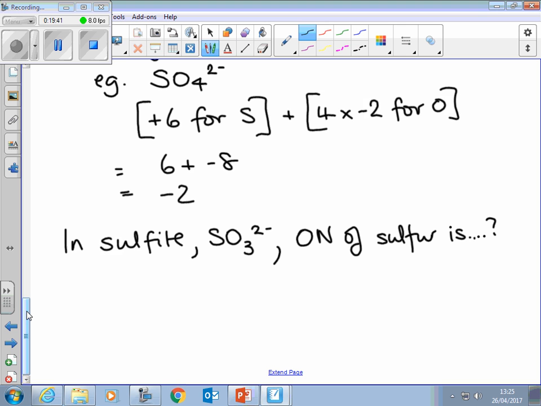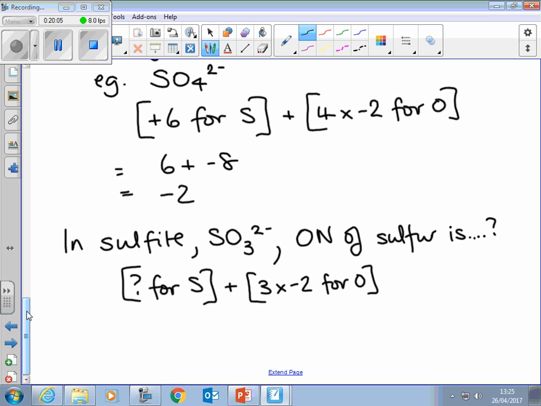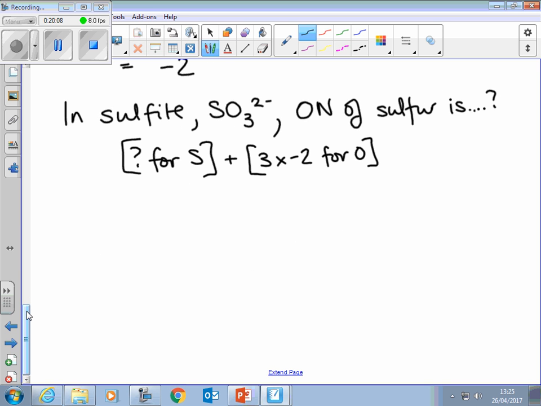So sulfur has different oxidation numbers. That's all right. Something for sulfur plus the 3 lots of -2 for the oxygen equals -2.